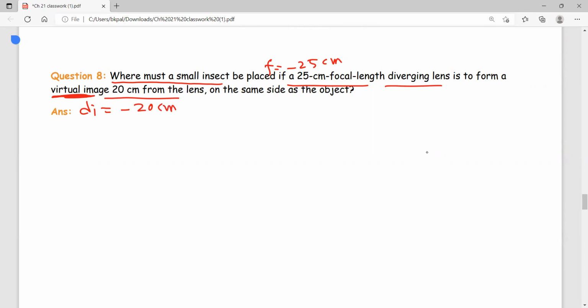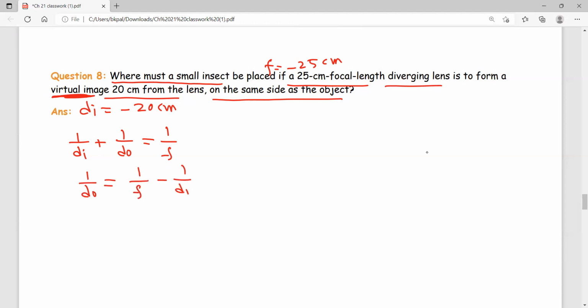It also says the image is on the same side as the object. For a lens, if the image and object are on the same side, then the image is virtual. So in this case we have to calculate do. The lens equation is this, and we have to solve it for do. So 1 over do is equal to 1 over f minus 1 over di.